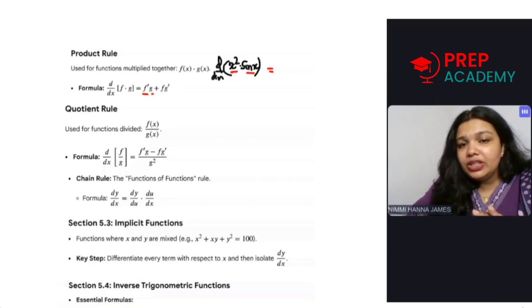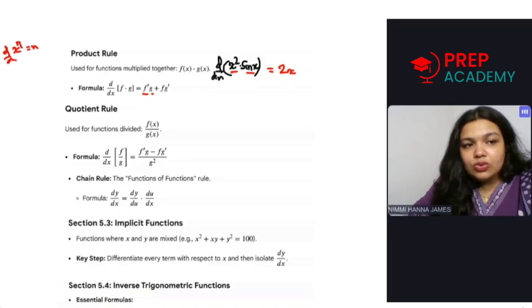That is, we differentiate this. What is the derivative of x square? It is 2x, correct? Because the derivative of x raised to n is n x raised to n minus 1. So for x square, n is 2, and x raised to 2 minus 1 is x raised to 1.